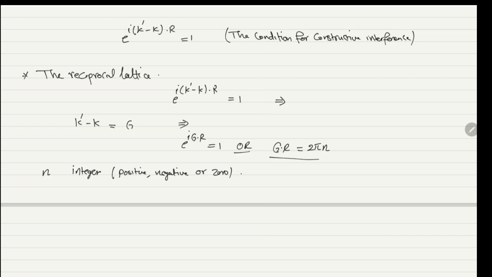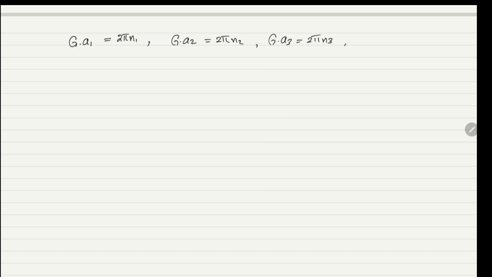Now this condition must be satisfied for a set of primitive lattice vectors, in such a way that G dot a1 equals 2 pi n1, G dot a2 equals 2 pi n2, and G dot a3 equals 2 pi n3. And again n1, n2 and n3 are all integers.